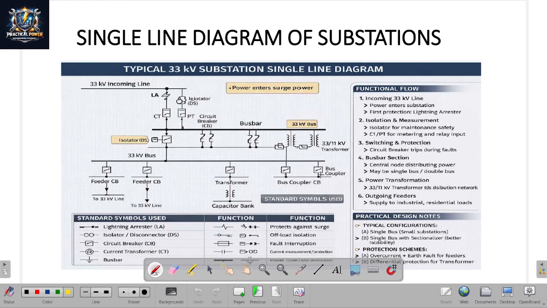The two buses are connected through the circuit breaker, the bus coupler circuit breaker. So this is one of the diagrams for the 33 kV single line diagram for double bus.